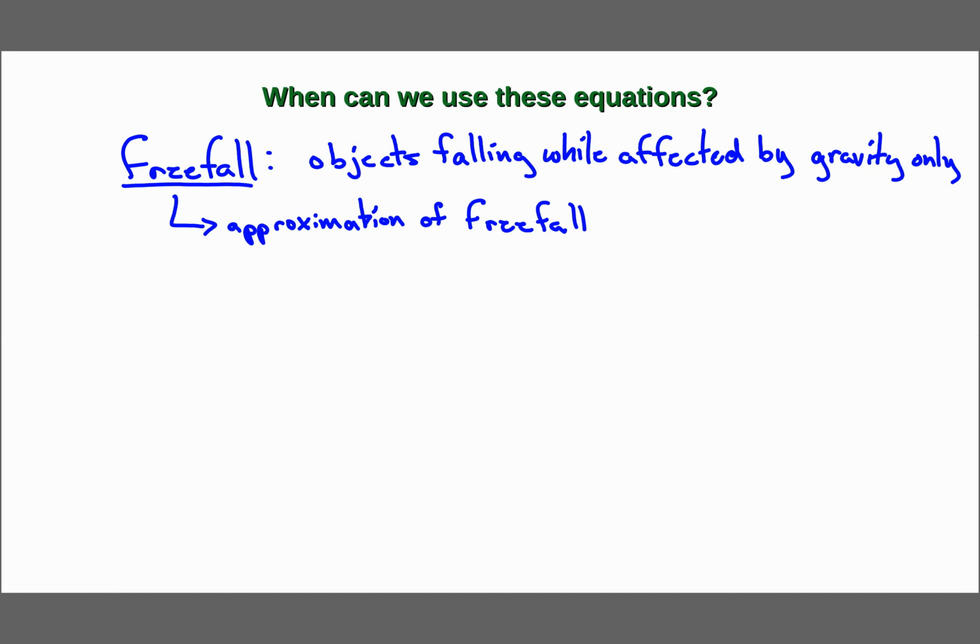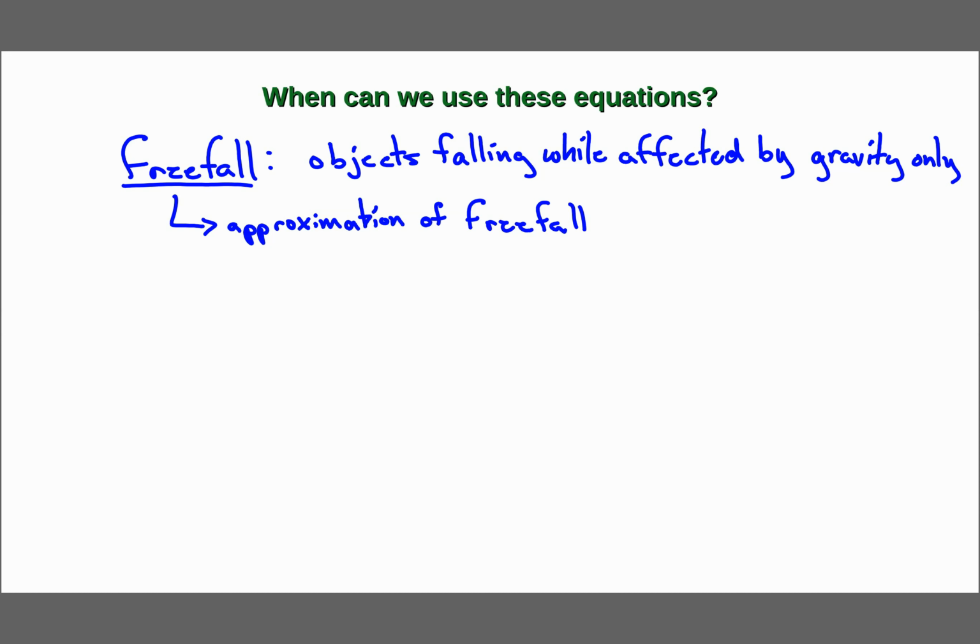And this happens pretty regularly. If we're dropping a ball or a person going off a high dive or something like that. These kinds of situations where we have a pretty dense object and they're not falling super duper far, we can neglect air drag and we can come out with an answer that's approximately correct.